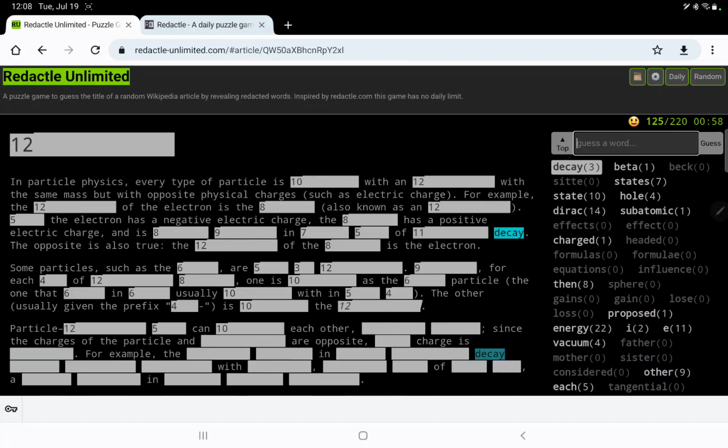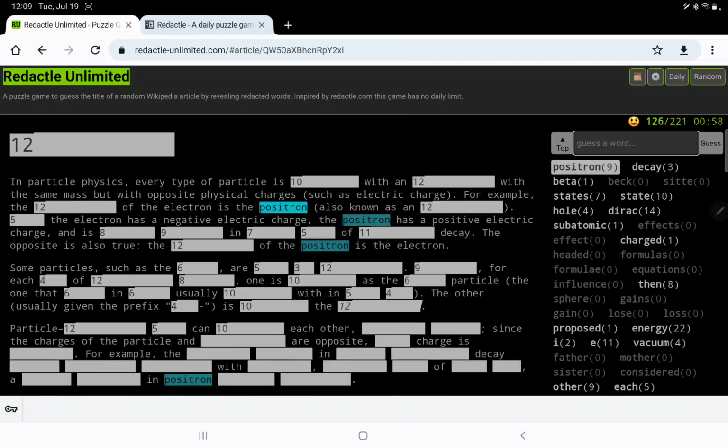What other kind of... Oh, positron. I did not try positron. There we go. So that is, I suppose, the counter of the electron. So let me actually get a definition of a positron. Oh, the positron is the anti-electron.